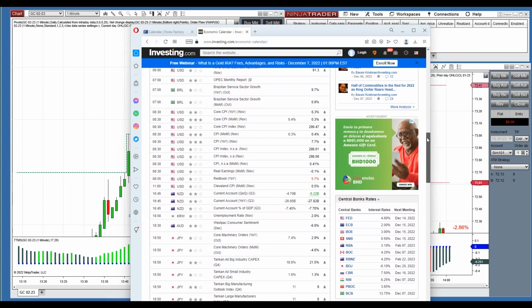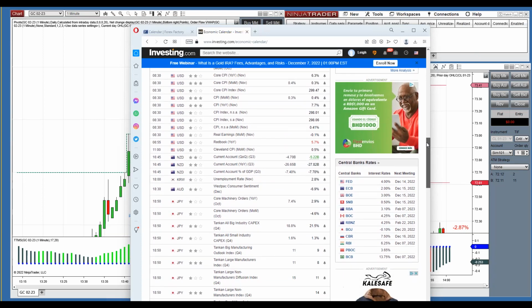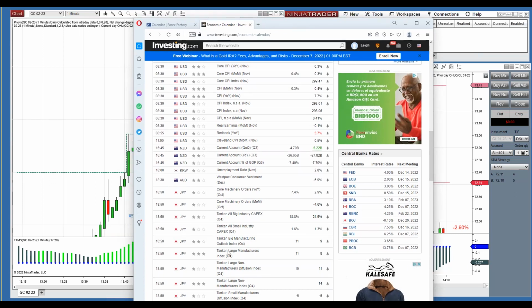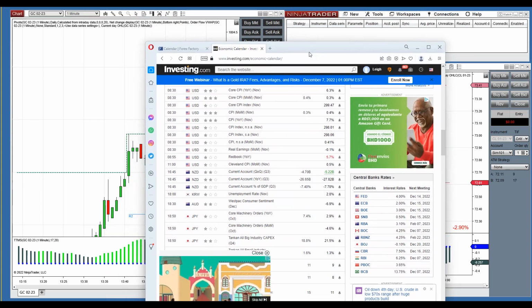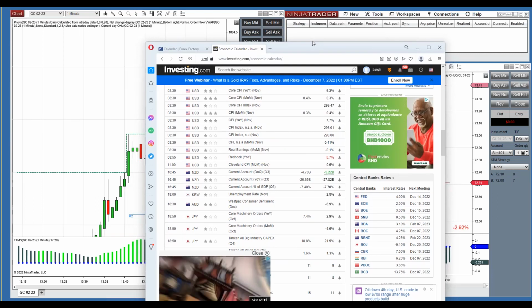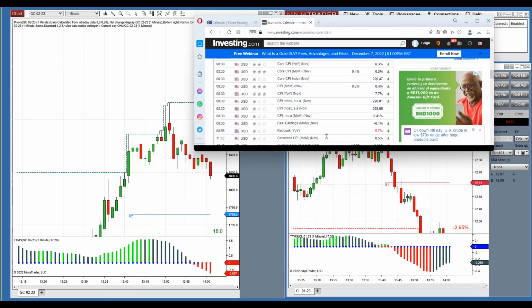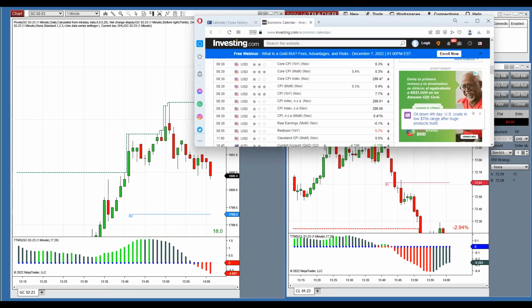So I'm going to set up my investing.com so that I could shrink it down as best as I can, all right? And I'm going to literally integrate it into my Ninja charts manually in this way. Watch, okay? There's our CPI.